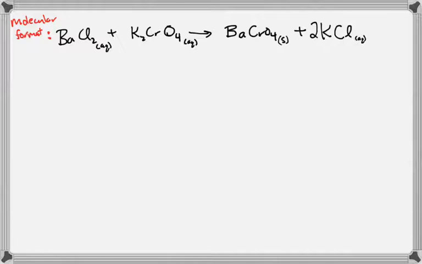If we have an aqueous compound, that means it dissolves in water, and ultimately it means it splits into ions. Okay, we'll talk about more ions a little bit later in the semester. So if we look at barium chloride, we're going to set this up as a new equation. Barium chloride dissolves into the ions of barium, which is dissolved in water, plus chloride, which is dissolved in water.